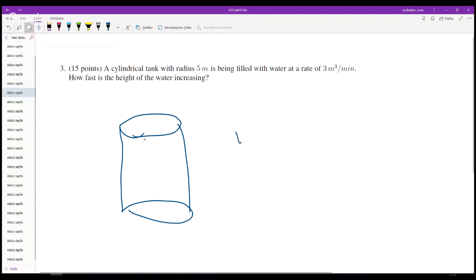So the volume equals, we know that formula, pi r square times height. Okay, so that equation will be the key to the solution. Now, one thing about this shape, we just fill the tank with water, and height changes, but r is constant.